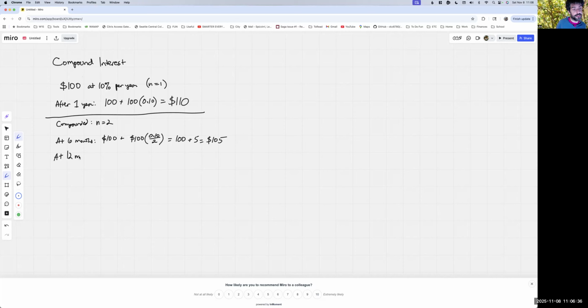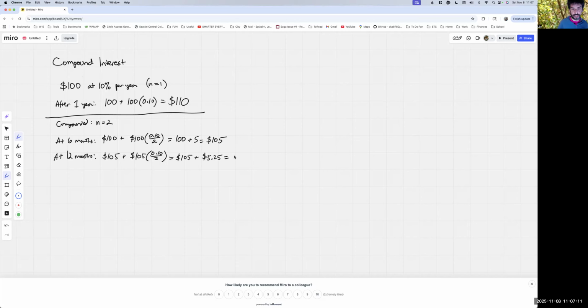more. So at the end of the year, at 12 months, we're going to compound again. However, now we have $105. So we take that 105 and we add to it 5% of 105. 5% of 105 is bigger than 5% of 100. 5% of 105 is 5 1/4.